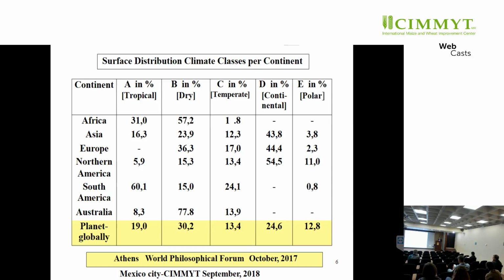Distribution of the climate classes per continent. Let's look at the last line, the planet. Above are the 5 climate classes in percentage of surface. We see that class B, which is dry, is about 30% of our planet today. Then comes the second one, D, the continental.